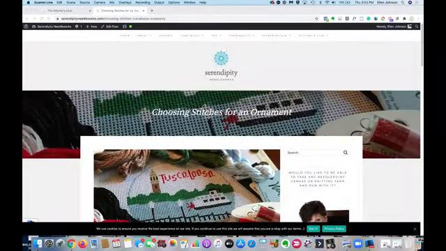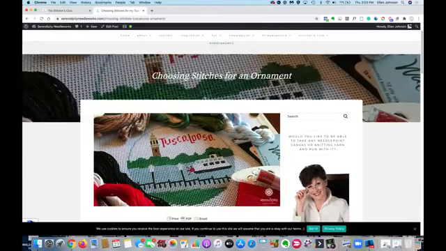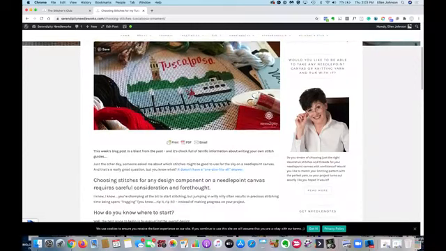Okay, so now you should be able to see the Serendipity Needleworks website, and that's the ornament that I'm talking about. This ornament is one that I got Kathy Shinkle to design for my brick and mortar store. And for those of you that are not familiar with Tuscaloosa, Tuscaloosa is actually the hometown of the University of Alabama.